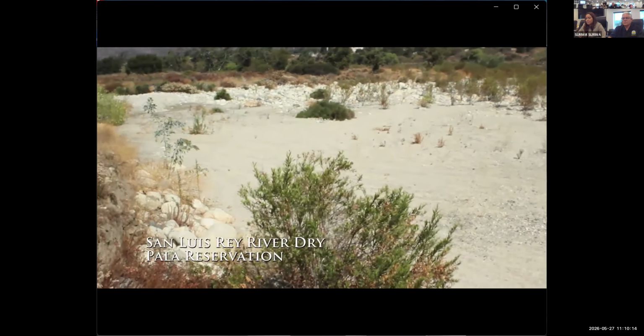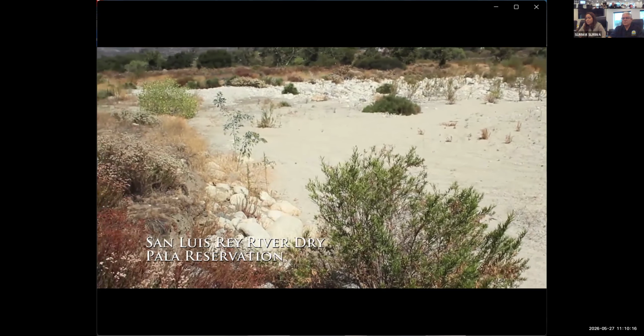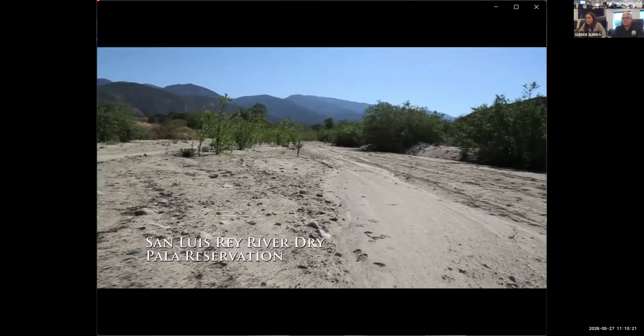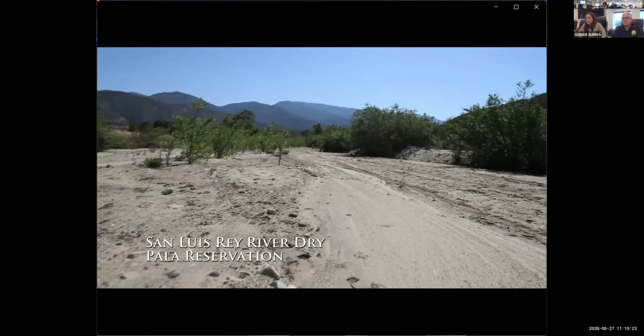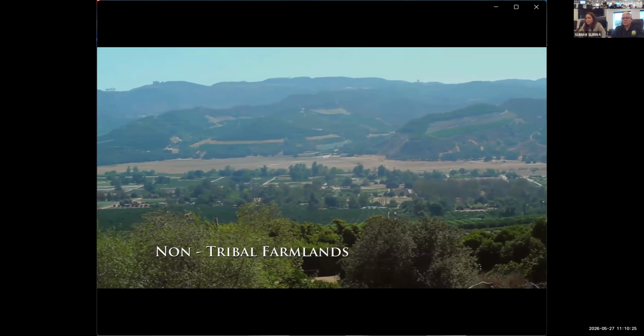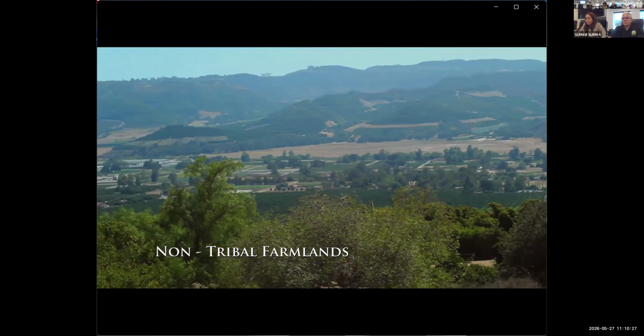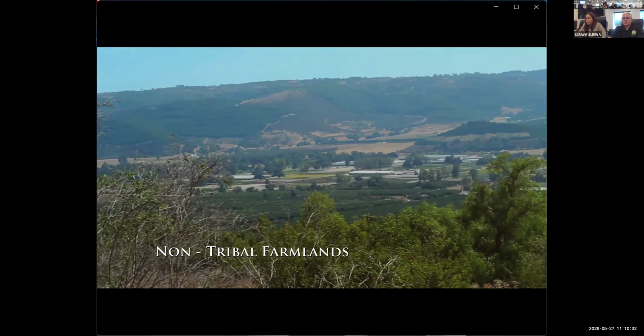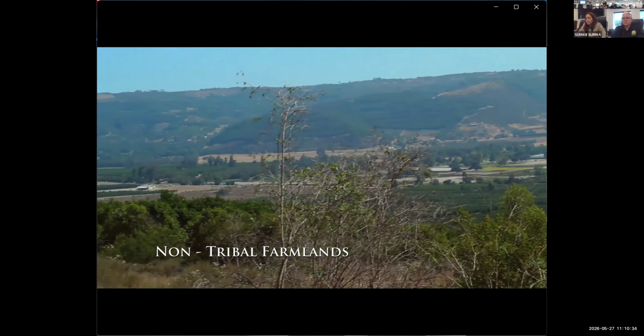The drying up of the San Luis Rey River has removed valuable sources of water, and economic operations of any magnitude are precluded due to the lack of water supply. Neighboring non-Indian cattle ranchers, dairy farm operations, and agriculturists have access to sufficient water to carry on their activities.